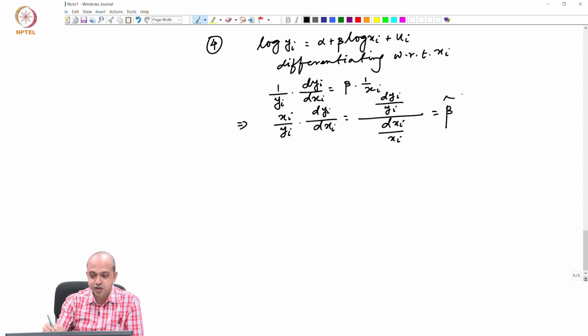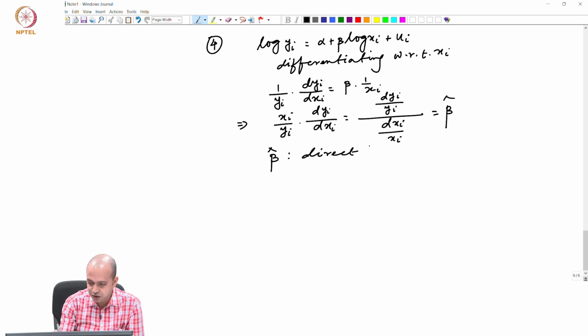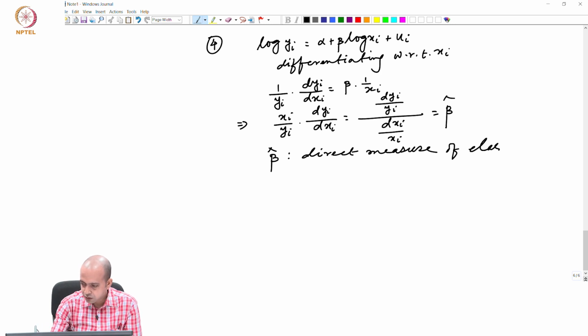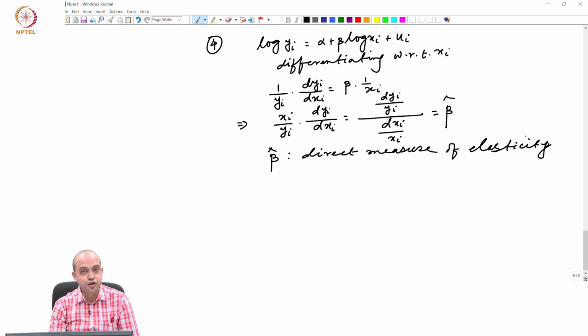That means, for 1% change in xi, y changes by beta hat percentage. So here the interpretation of beta hat is a direct measure of elasticity when your model is log-log.